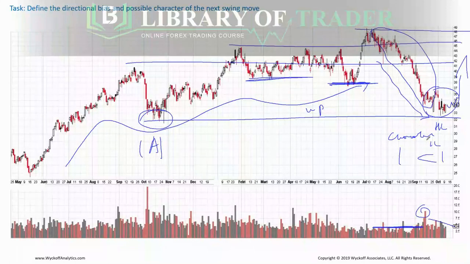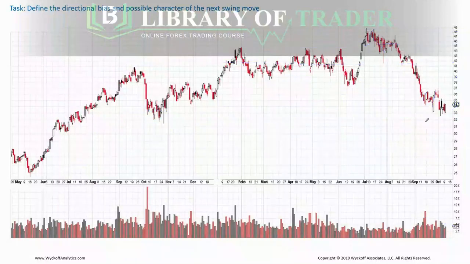So this could be our assumption at this point. We could create different types of scenarios confirming those assumptions. We could say overcoming 35 and a half, I'm a buyer. Overcoming 37, I'm a buyer. Then any type of sign of strength bars into 40, I'm a buyer.